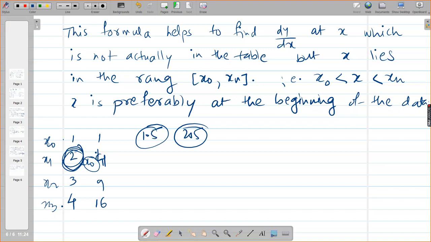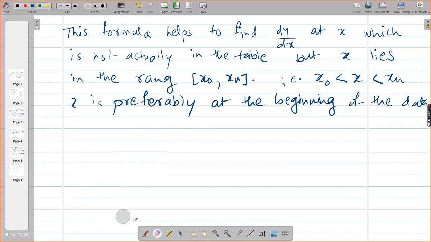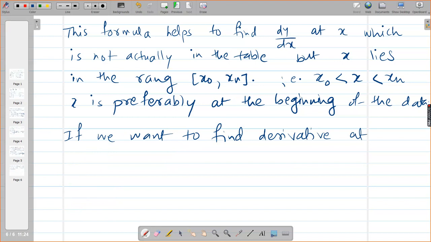Just try to understand now what to do when the actual value is in the table and you want to find out derivative at that value. तो अब हमें क्या करना है? That we will see now. If we want to find derivative at x equal to x0, so this x0 is not necessarily the very first value in the table.